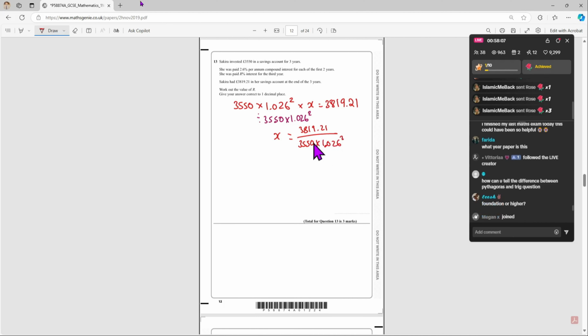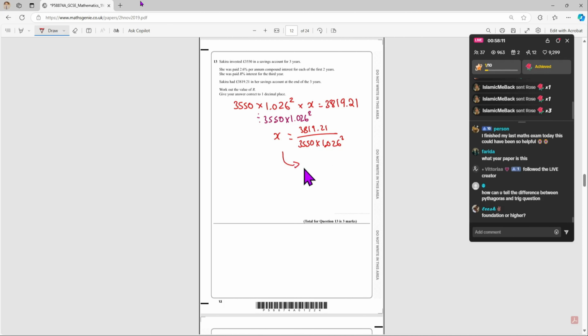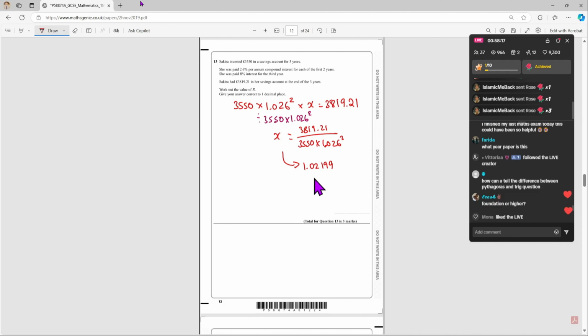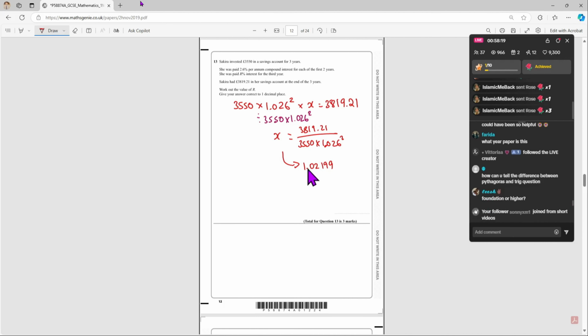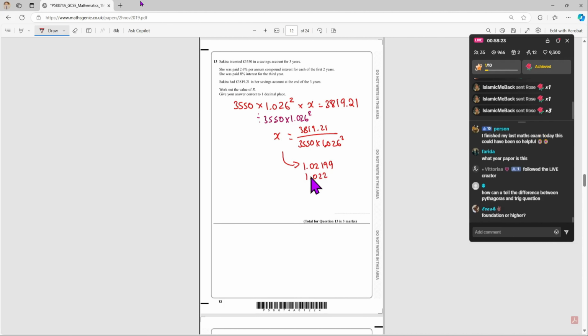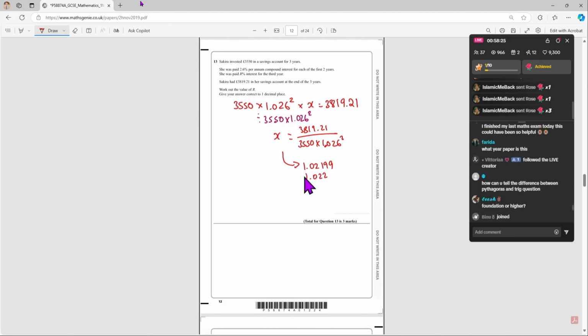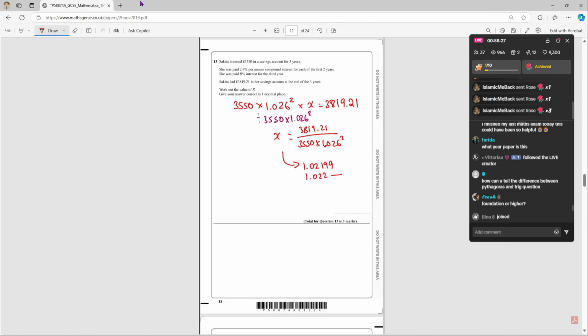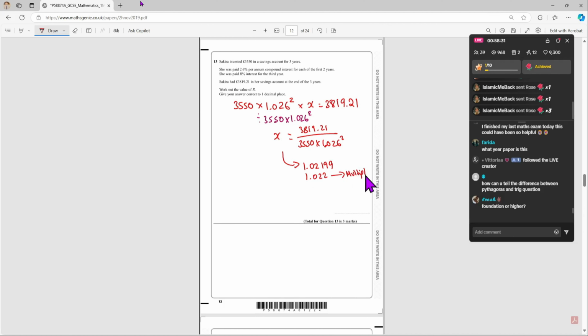And now once you've gotten that, we can work out the value of x by using your calculator, and you get that is going to be equal to 1.02199. And then you can basically round this to 1.022. And remember, guys, this is our multiplier.